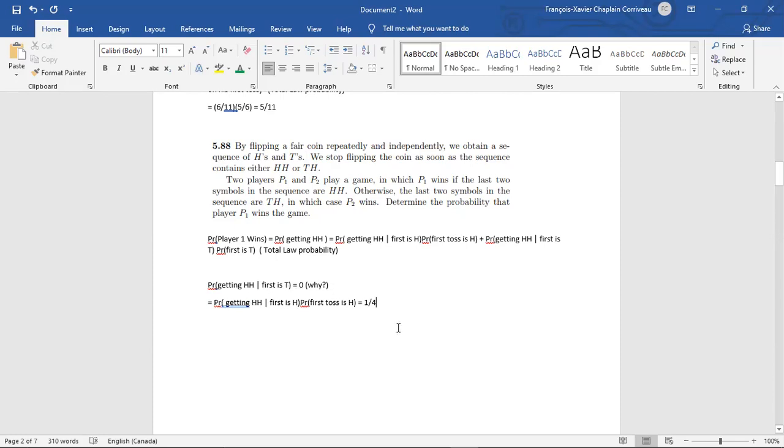So I agree, and I see what you're trying to say, but if you're not convinced by this, use the definition, right? So you said that this is the probability of getting head-head, and first head is first toss is head. Now this is over the probability that the first toss is head, multiplied by the probability that the first toss is head.